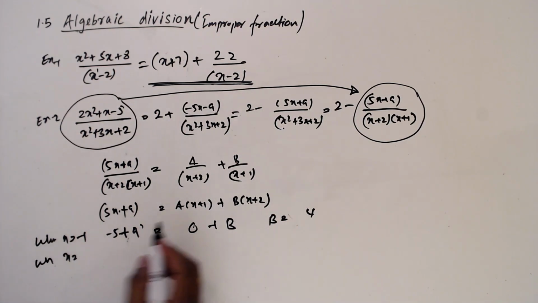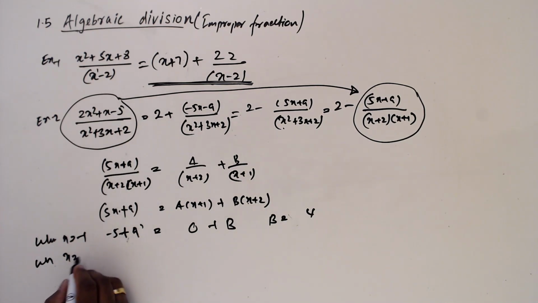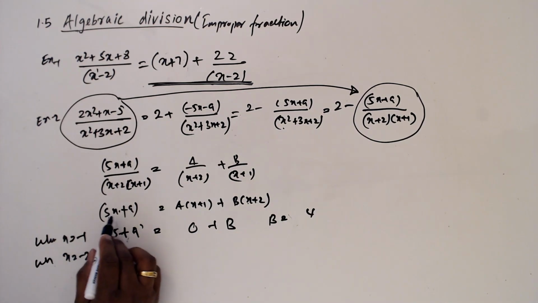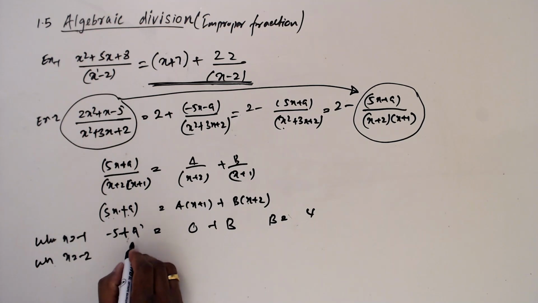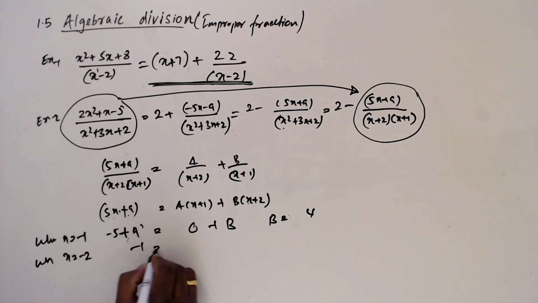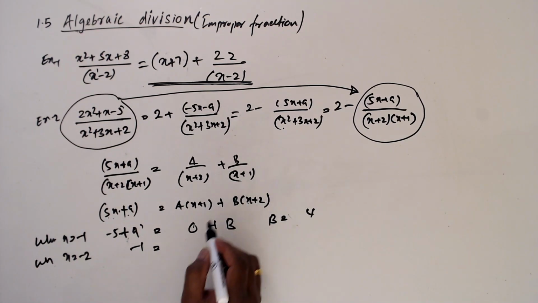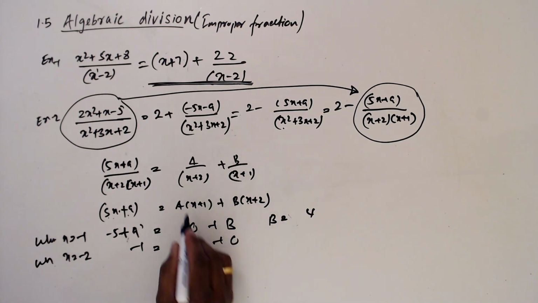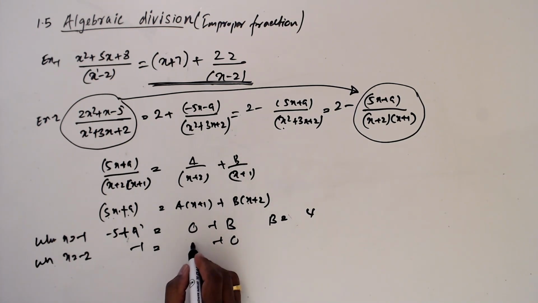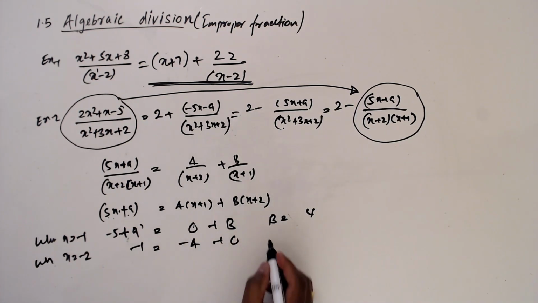And x equal minus 2, so this is minus 10 plus 9, minus 1 equal, this becomes 0 and this becomes minus a. So a equal 1.